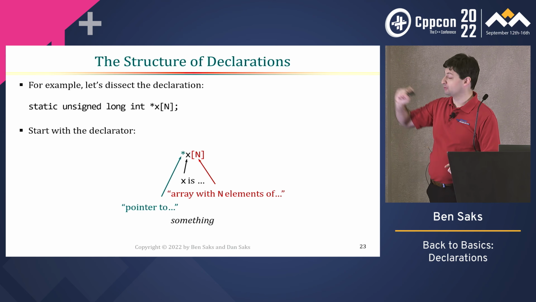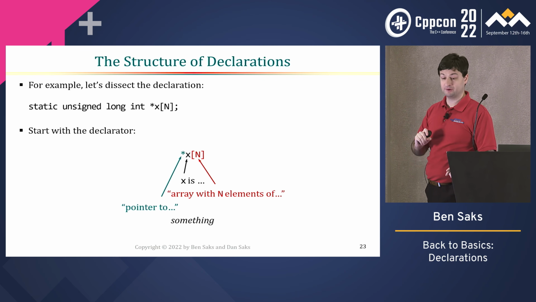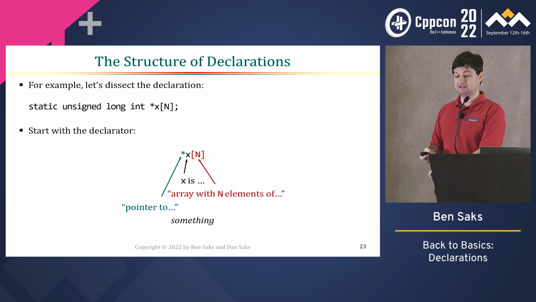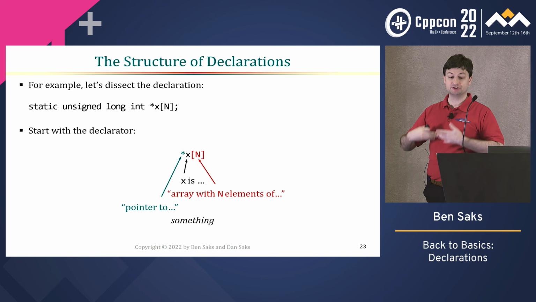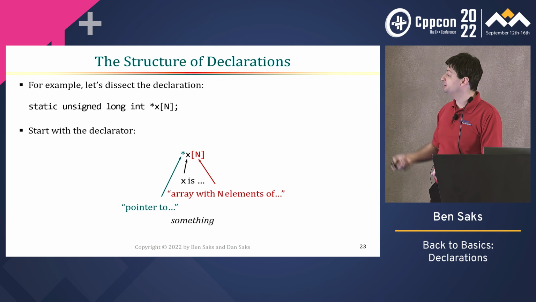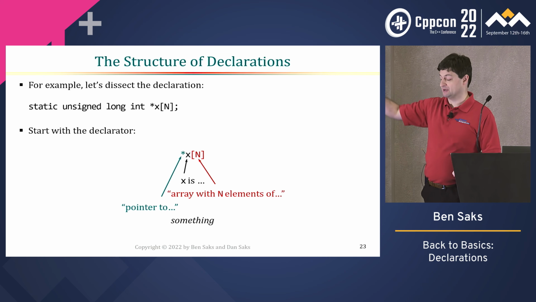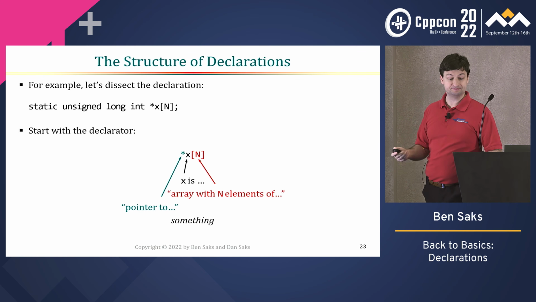So here, let's go ahead and break down this declaration here. Starting with the declarator, this says that X is an array of n elements of type pointer to something. And the something is being determined by the declaration specifiers, the static unsigned long int.